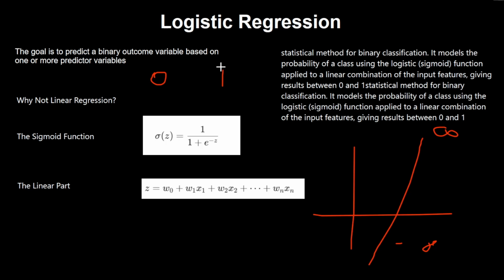Using all the predictor variables, logistic regression will classify whether a person has the disease or not. Why not use linear regression for the same task? As we see, the linear regression output is always between minus infinity and infinity. It is a line, but we just need the output to be either 0 or 1.